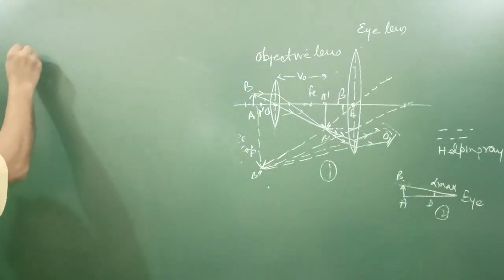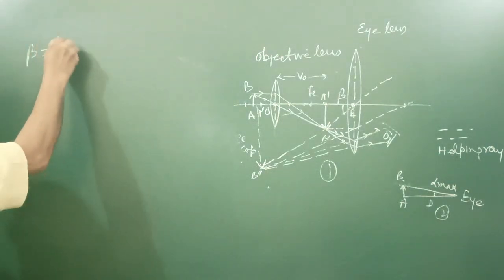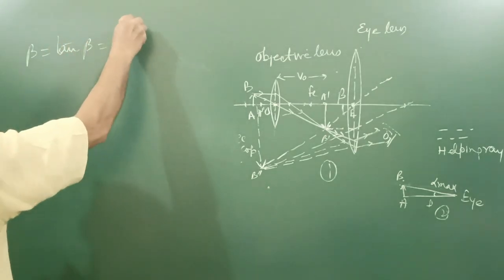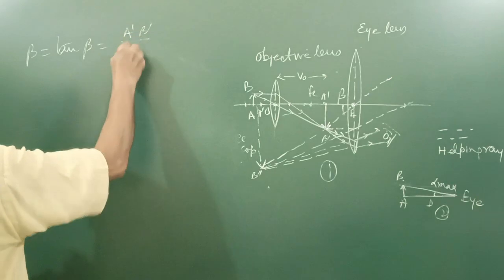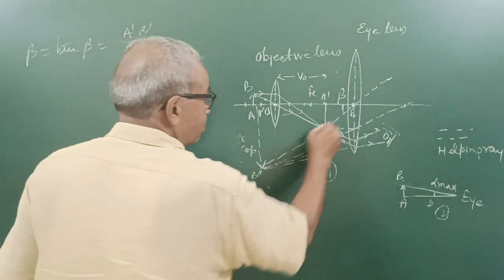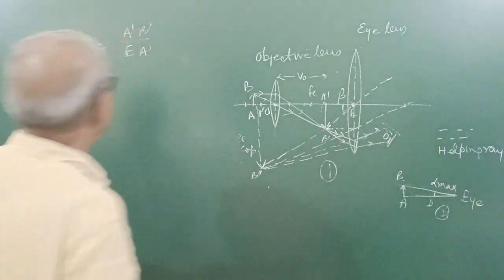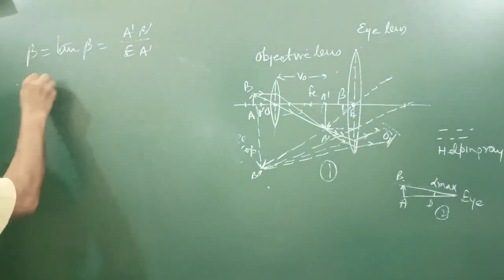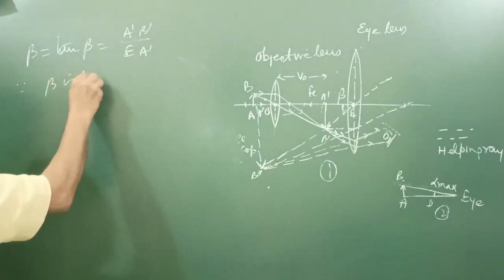From figure 1, tan beta equals A dash B dash upon E A dash. From similar triangle, this is the angle, same. We have written it like this because beta is a small angle.